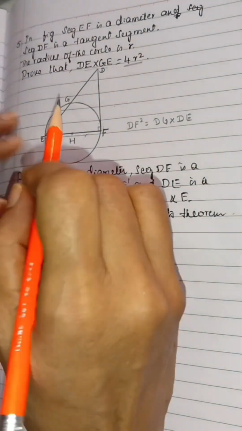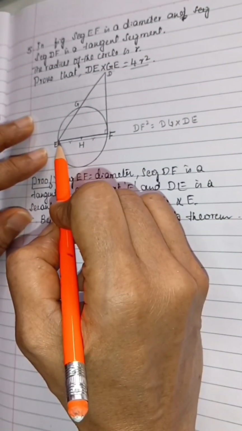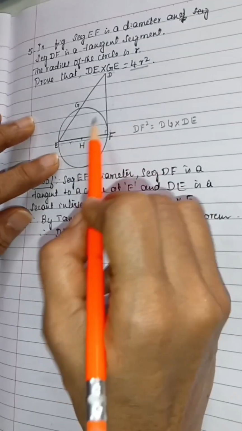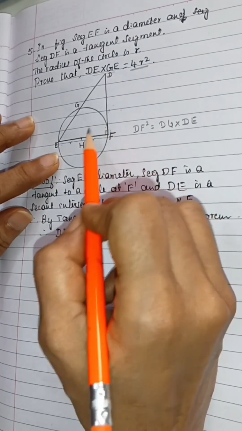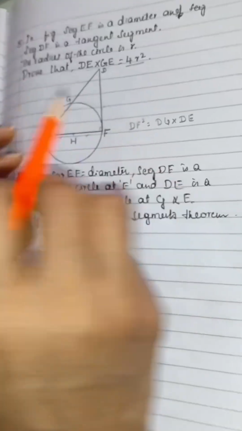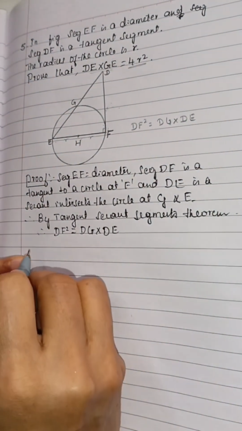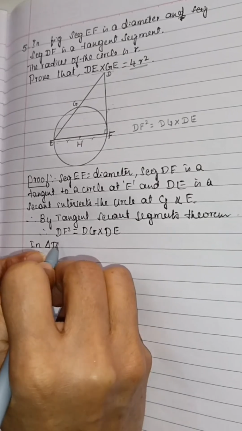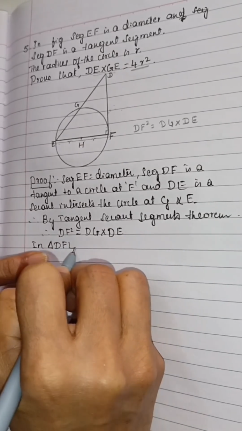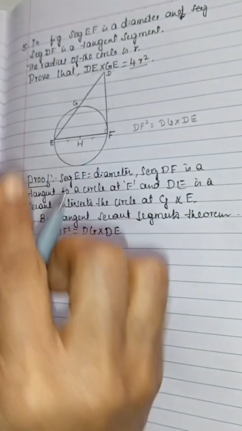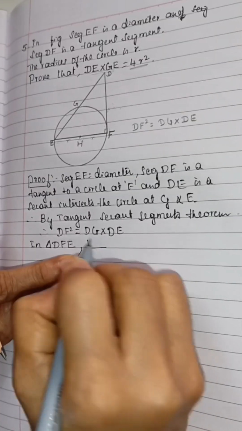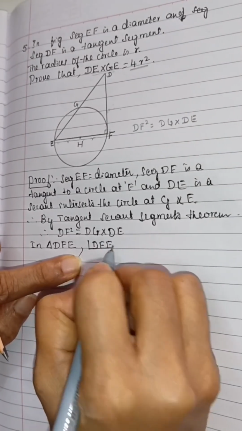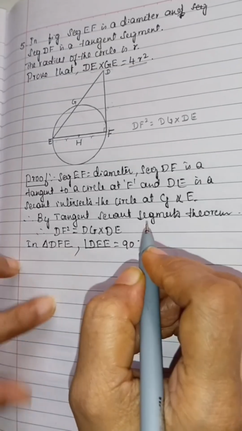According to the Pythagoras theorem, hypotenuse square equals the sum of the squares of the remaining two adjacent sides. Therefore, in triangle DFE, angle DFE is 90 degrees.